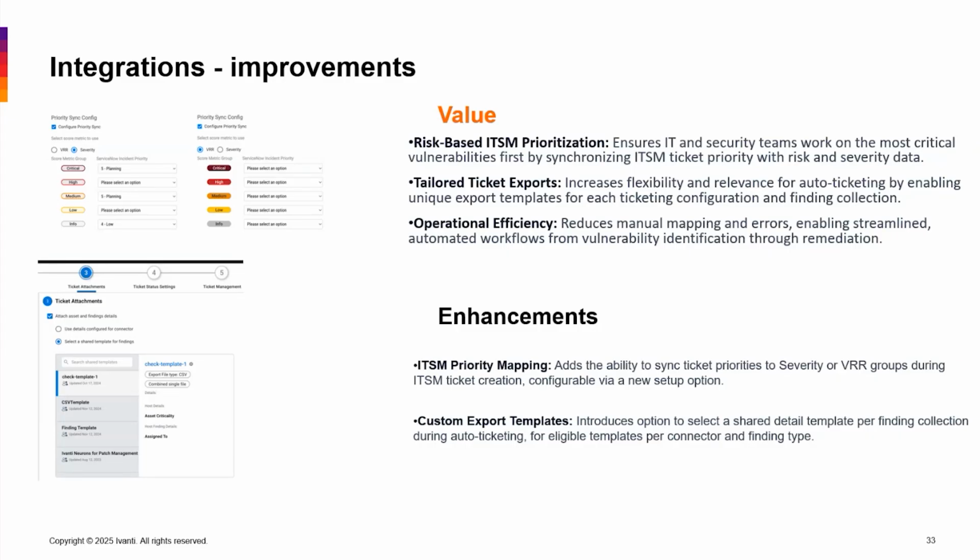Based on the finding's risk metric, either VRR or severity, your designated priority automatically gets assigned to the ticket created on Ivanti ITSM. This gives users the additional capability to assign the relevant priority to the tickets, so that the administrators on the IT side pick them up based on the relevant priority.